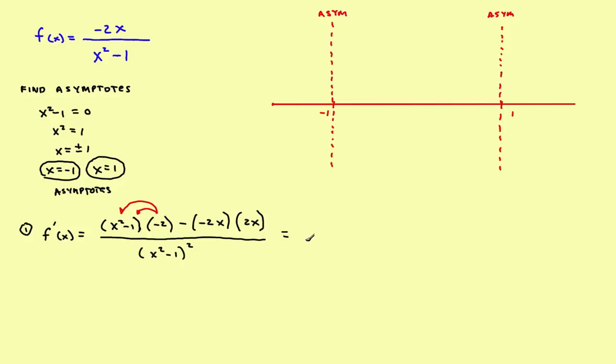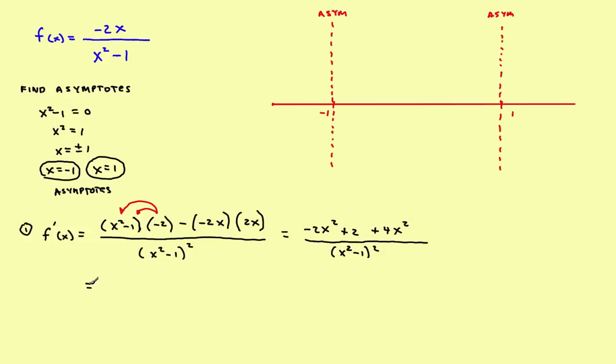So when I distribute it, I'll go ahead and put this line across here. I'll get a negative 2 times x squared will give you a negative 2x squared, and then this will turn into a plus 2. Then 2 negatives make a positive. This will turn into a plus 4x squared. And this will all be divided by x squared minus 1 squared.